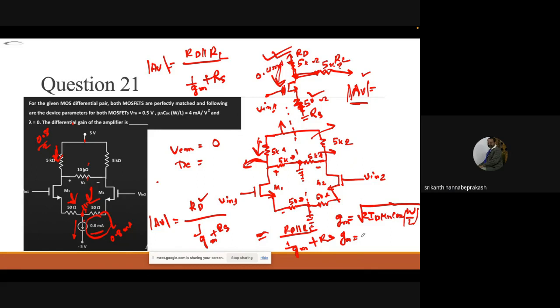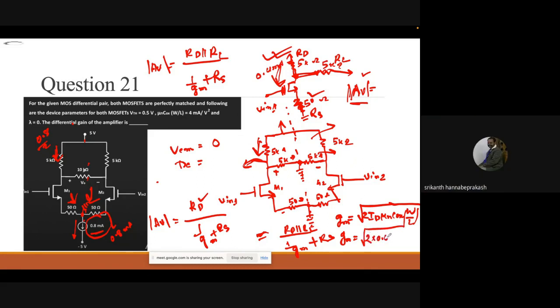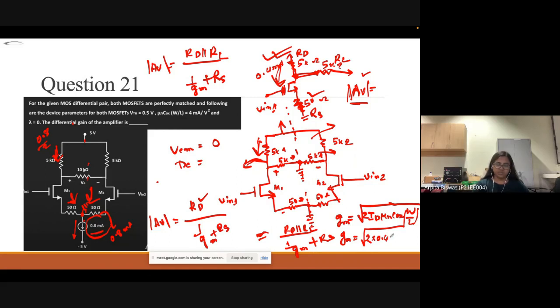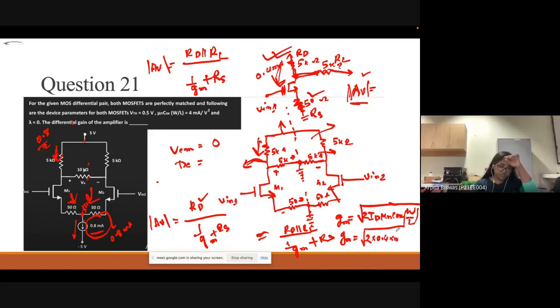So here you just have to put the value of ID. ID is 0.4 milliamps, that is 0.4 into 10 power minus 3. Just put the value. I think all of these are in milliamps, so there is no need to put the prefix. Mu Cox W by L value is 4.